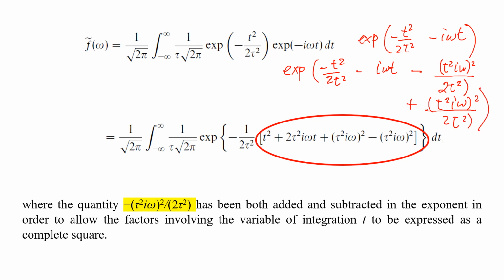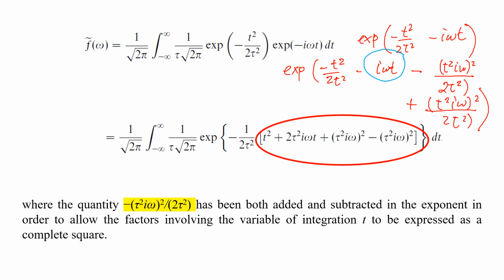So this is now your exponential, but as you can see here, this I omega t can actually be written as this one.